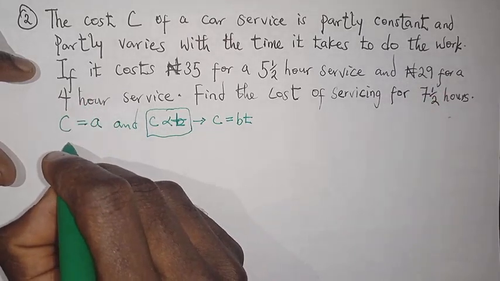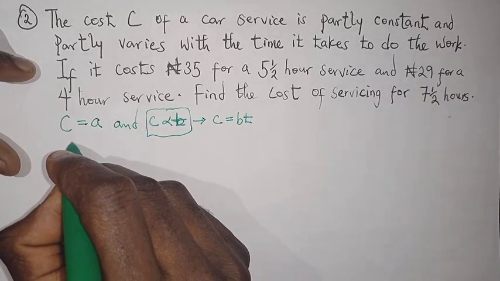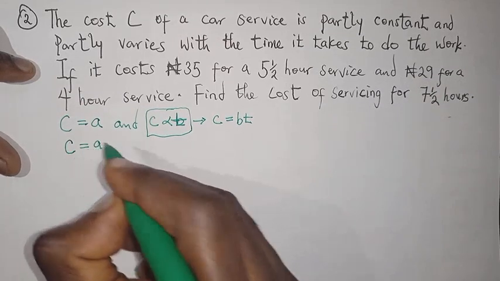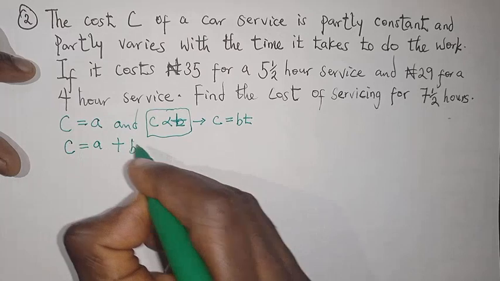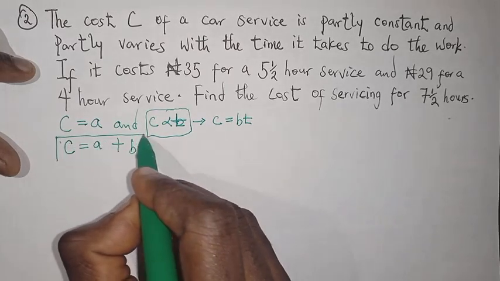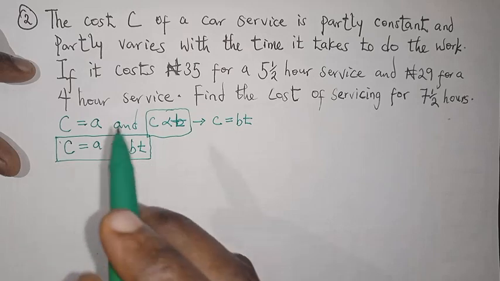Now I'm going to put both statements into one statement. So C equals A plus BT. This is where we're going to get our relationship from.